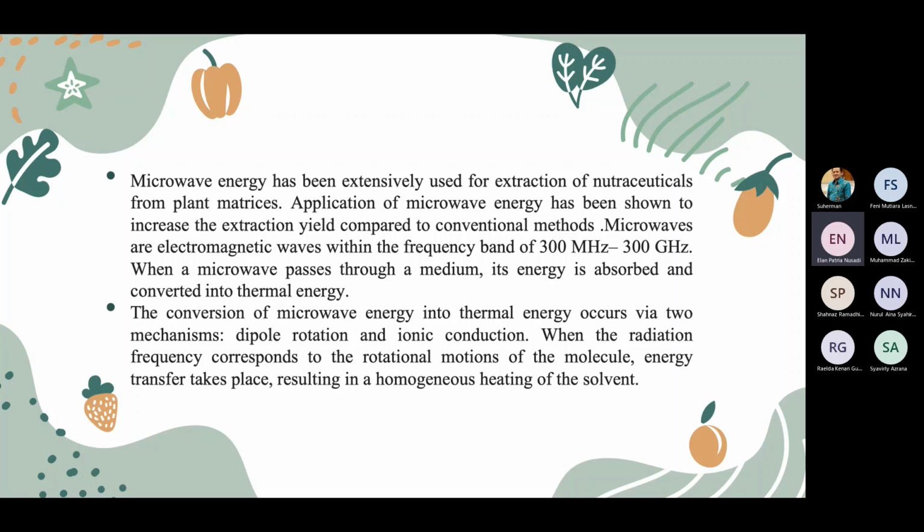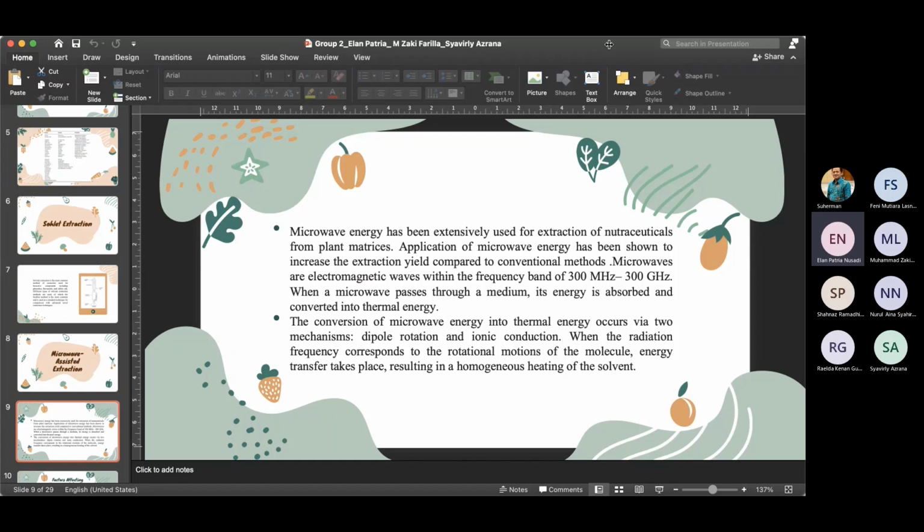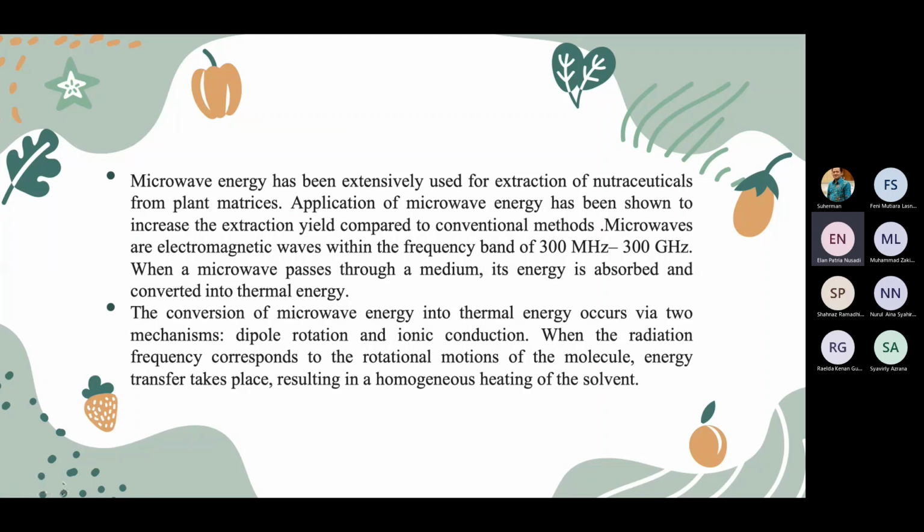Microwave energy has been extensively used for extraction of nutraceuticals from plant matrices. Application of microwave energy has been shown to increase the extraction yield compared to conventional methods. Microwaves are electromagnetic waves within the frequency band of 300 MHz to 300 GHz.